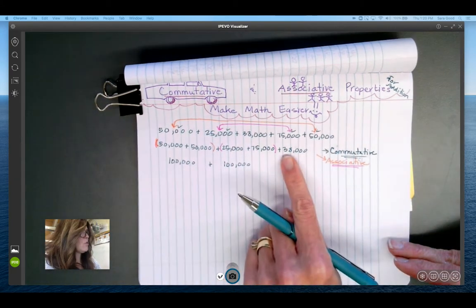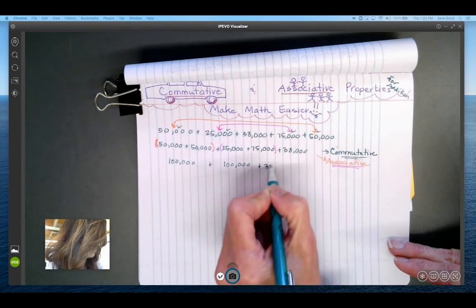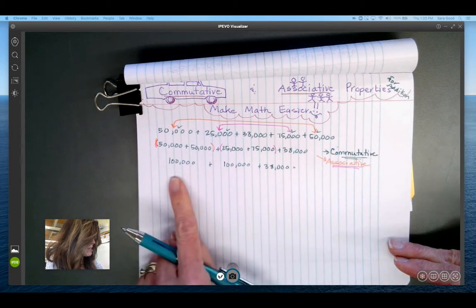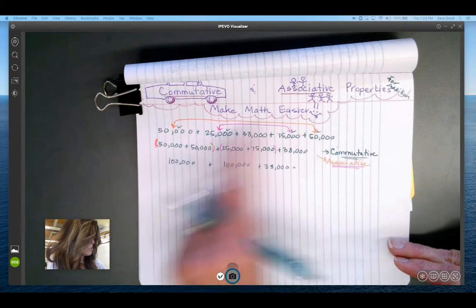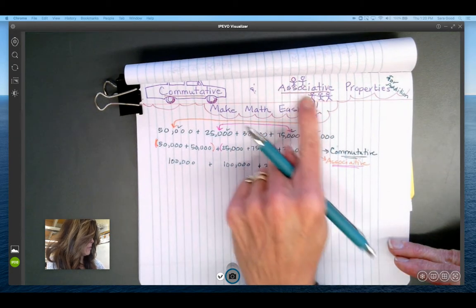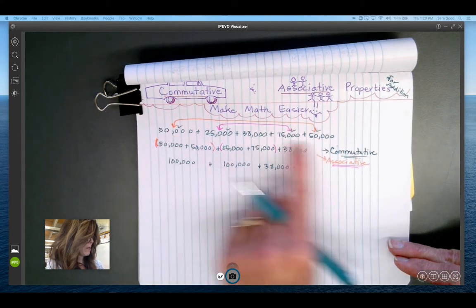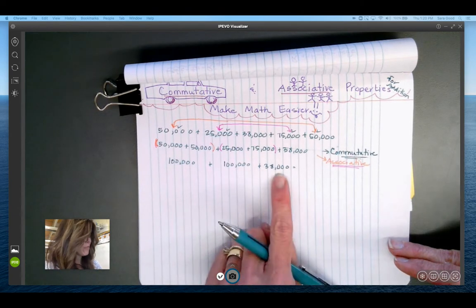And then all I have to do is add to it 38,000. Because we used the commutative property and moved the numbers around and associated friendly numbers, we're now able to add this much more easily than if we added it from left to right up here. I can do 100,000 plus 100,000 plus 38,000 in my head.